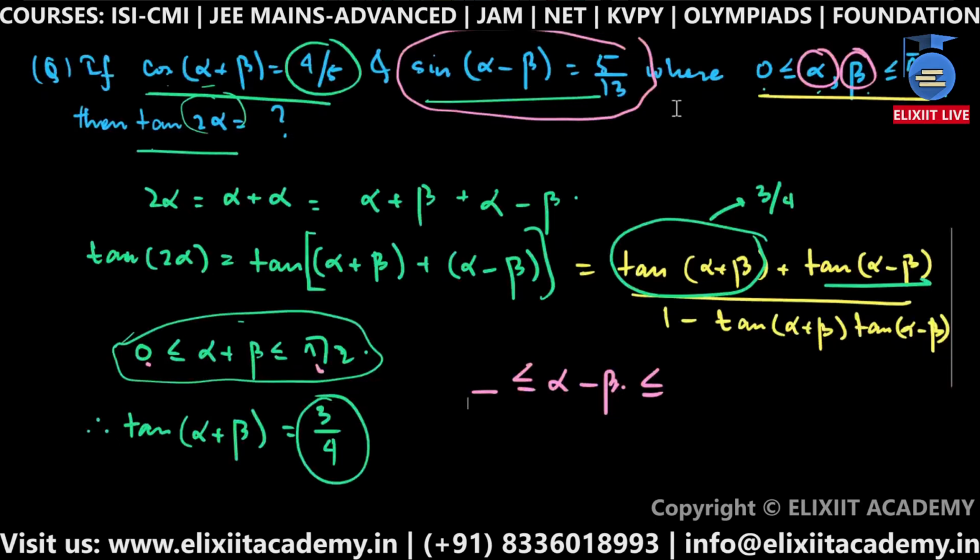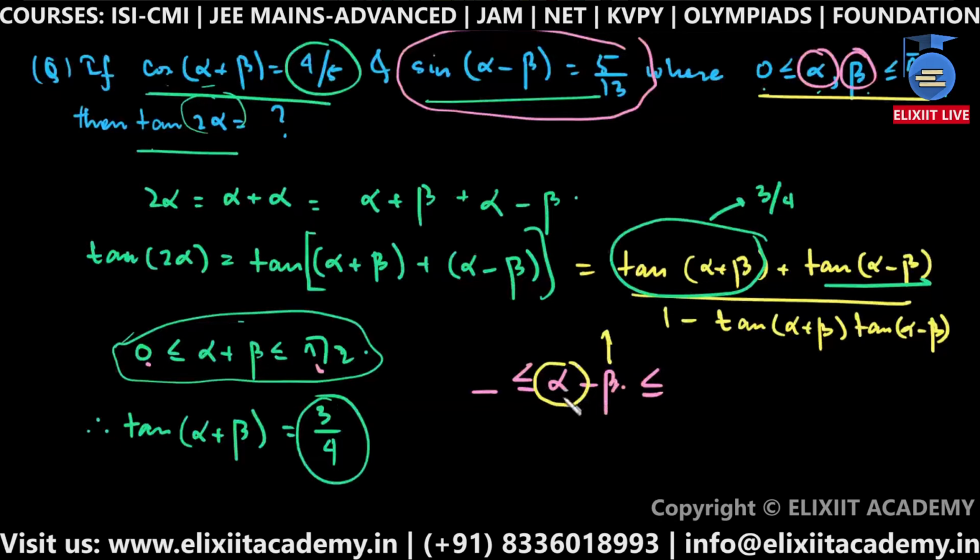What I'm trying to say is, alpha minus beta is minimum when alpha is very small and beta is very large. When beta is more than alpha, you will get the minimum value. And when alpha is more than beta, you will get the maximum value.